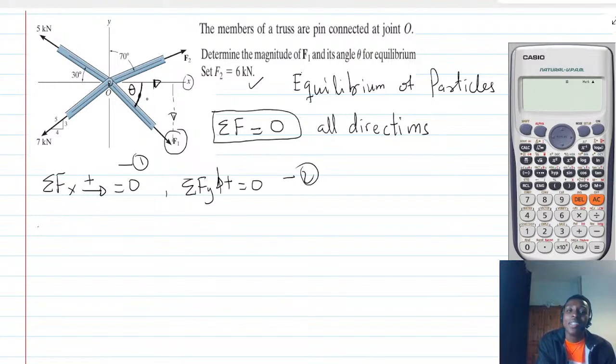So let me draw the convention again. The convention is that every force in the x plus direction is positive, and every force in the y plus direction is also positive.